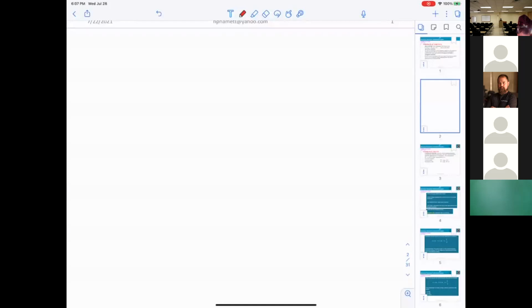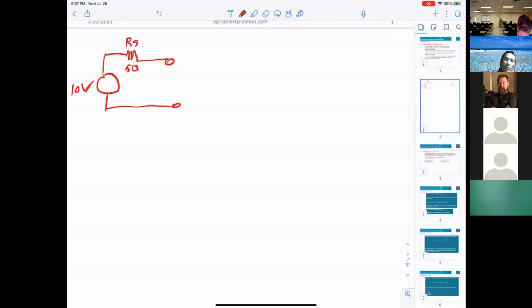Now I'll add this thing here. Okay, if you look at this circuitry, you know that's a generator.